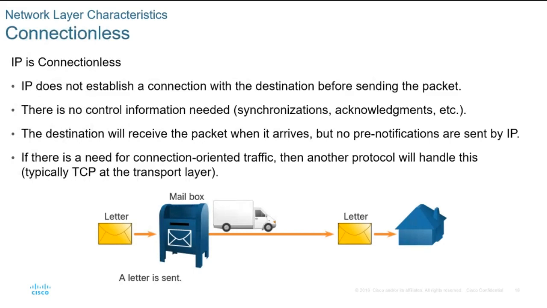So IP is connectionless. There is no control information needed, synchronization or acknowledgements. The destination will receive the packet when it arrives, but no pre-notification is sent by the IP. If there is a need for connection-oriented traffic, then another protocol will handle this.